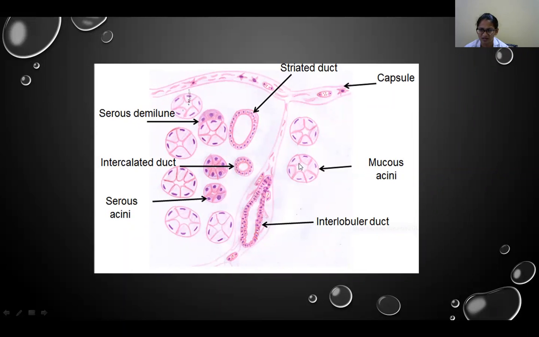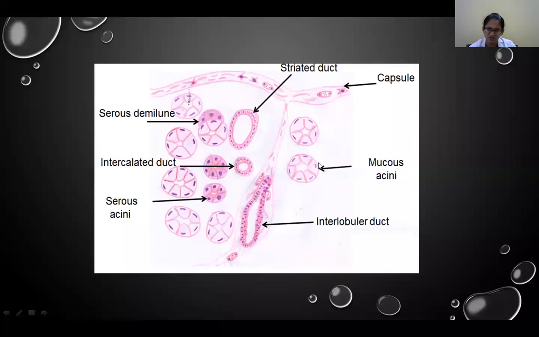This is the apical part of the cell, this is the basal part of the cell, and these are the two lateral surfaces of the cell. The apical part is useful for mucin secretion.